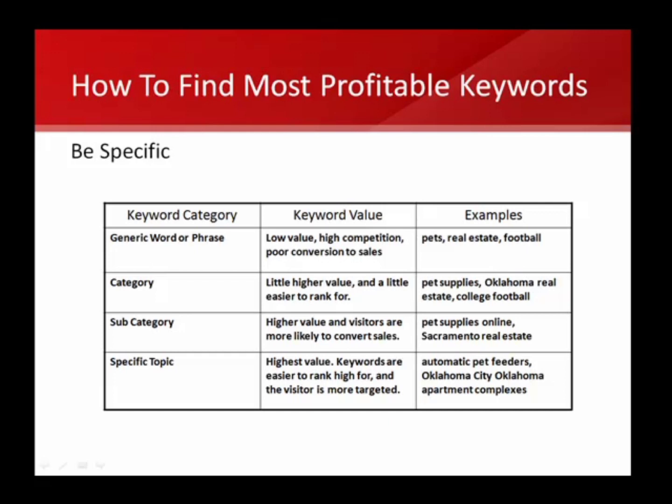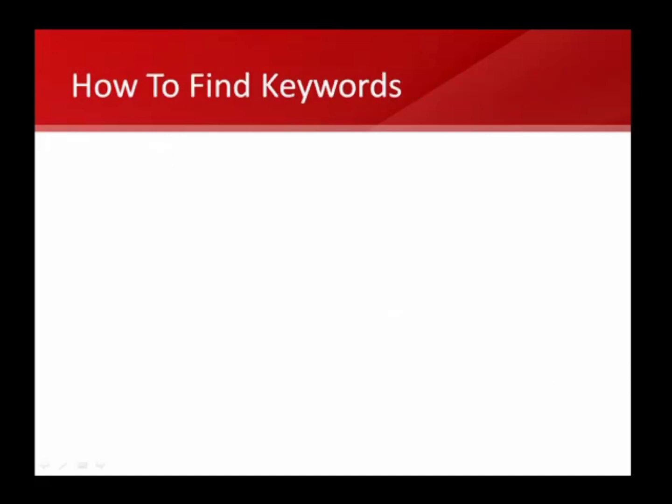And when they're typing in specific keywords, like weight loss information or weight loss tips, people know what they want. They want weight loss tips. If they type in acai berry weight loss tips or acai berry weight loss, that's a little more targeted. So I want you to keep that in your mind when you're doing your keyword research.